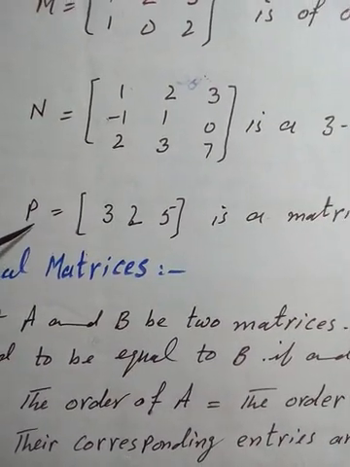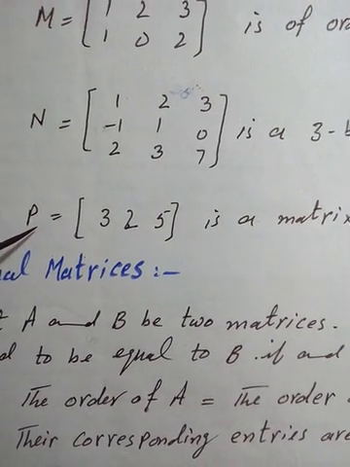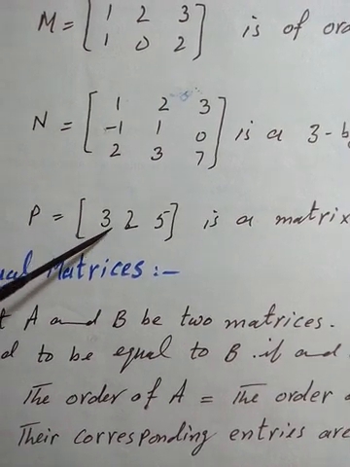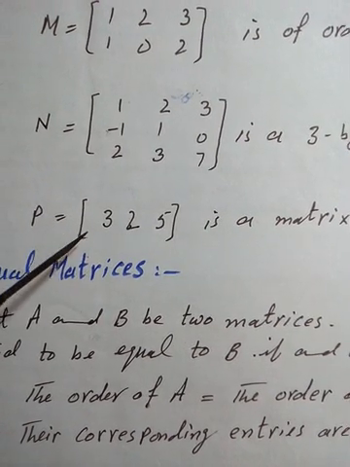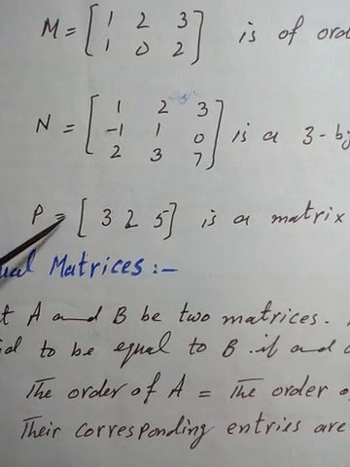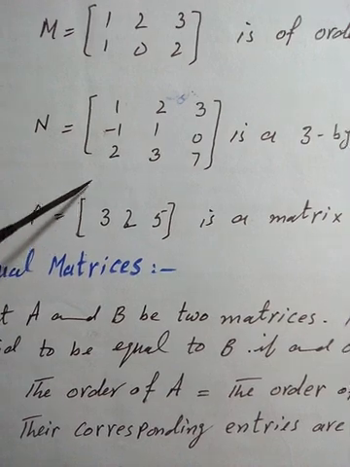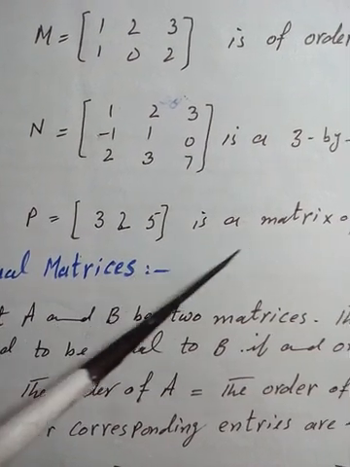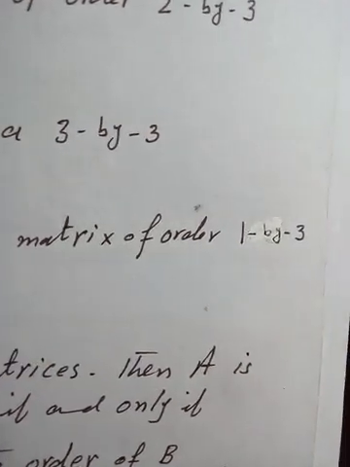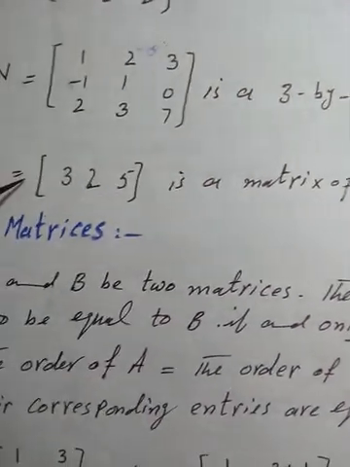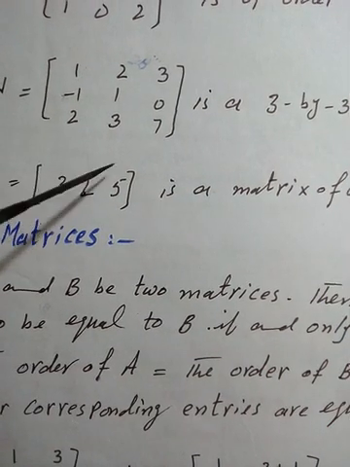Next, there is another matrix P with elements 3, 2, 5 written in a horizontal way, so there is only 1 row but there are 3 columns. So the order of this matrix is 1 by 3.